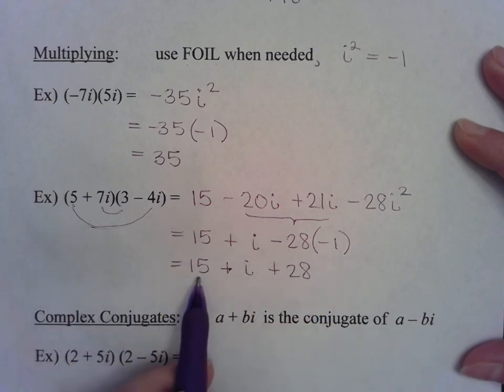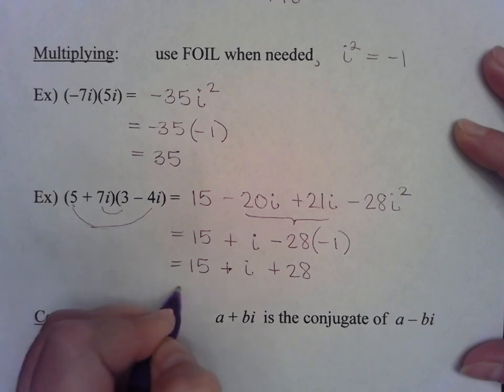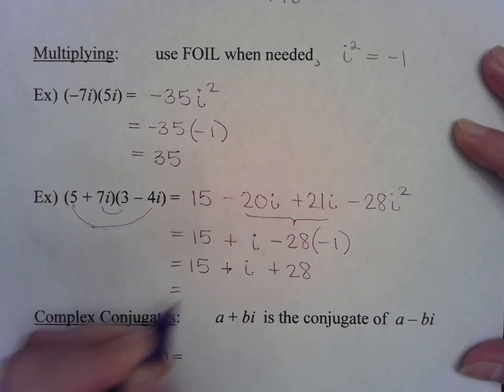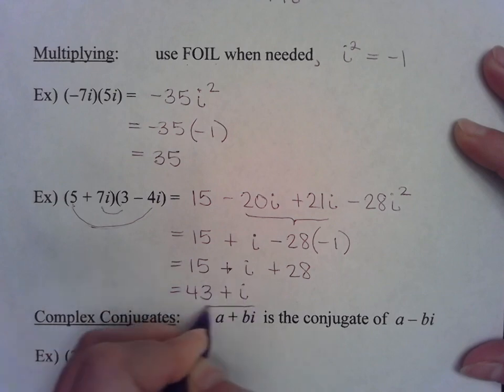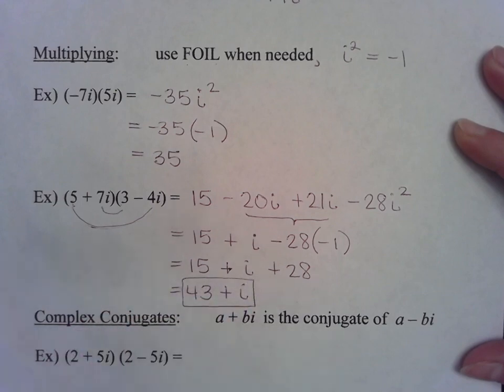And then we're able to combine 15 and 28 together to be, what is that, 43 plus i. And we're going to write our answers, if this applies, in that a plus bi format.